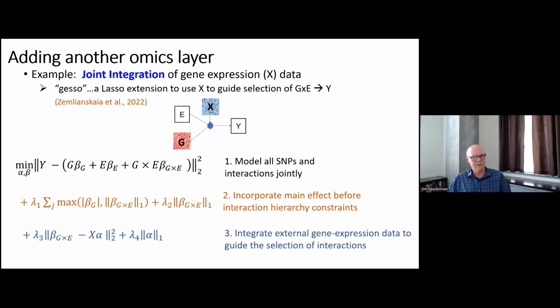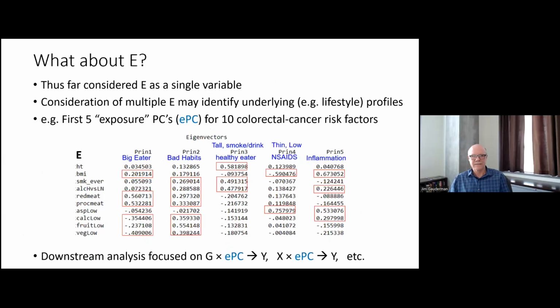That becomes a computationally challenging problem. So we're not talking about being able to analyze millions of SNPs and tens of thousands of expression profiles simultaneously. The data has to be cut down in some way in advance.